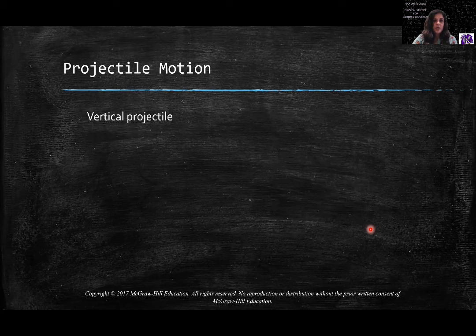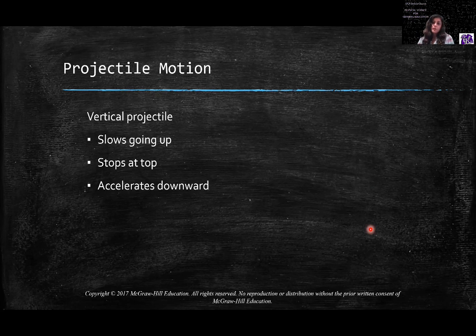All right, so as we have vertical motion, the object slows down. If you toss something up in the air, it's going to slow down. It's going to come to a stop at the point at the top, and then it's going to start speeding up and fall back down. And that's where the acceleration is going to happen.